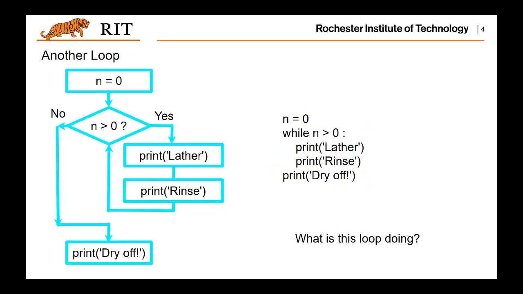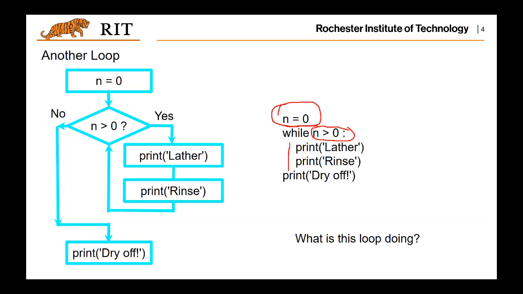And then we have another loop. I think it's a very simple one, so I won't let you key it in and test it in Jupyter Notebook. But this is another problem when you are writing a loop: the code under this loop is never executed. Why? Again, check this condition. This condition is checking whether n is greater than 0 or not, but the initial value of n is 0.